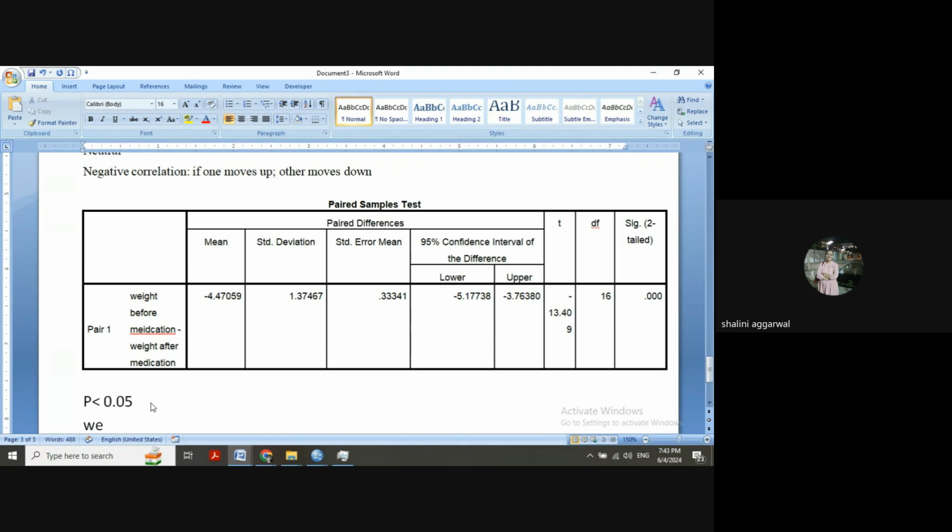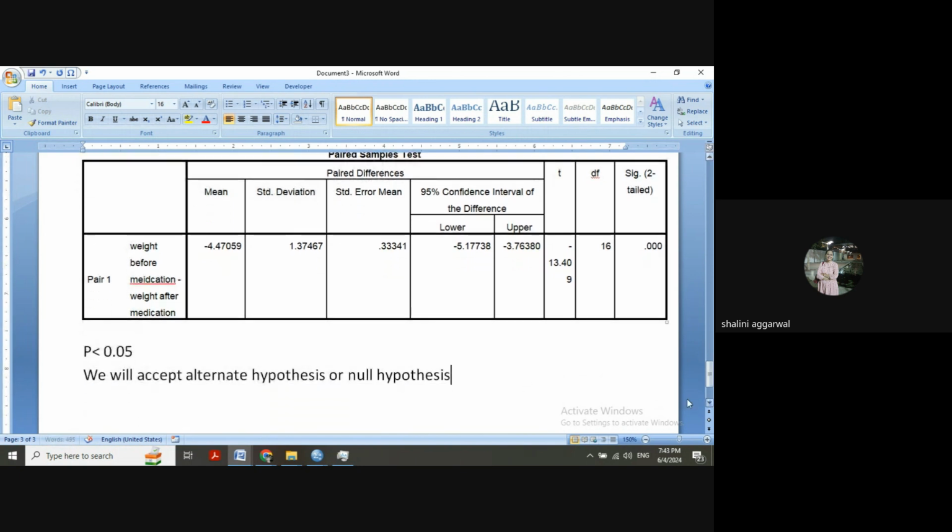We will accept the alternate hypothesis or null? Tell me. I want the participants to please speak on this. P-value is less than 0.05. So do we accept the alternate or null hypothesis?